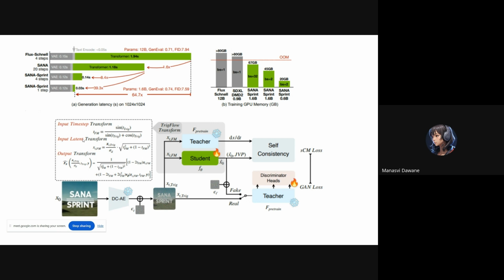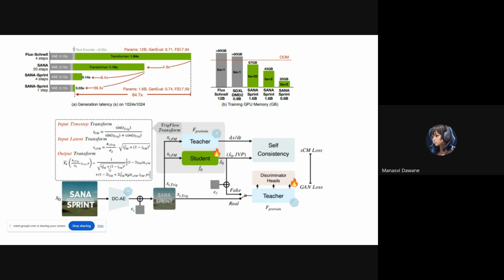Anyway, second is the input latent transform. This is the formula, and it rescales the noisy latent to match the flow matching. So it is a standard deviation. The third is the output transform. This is the formula.